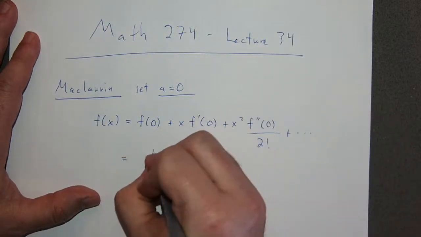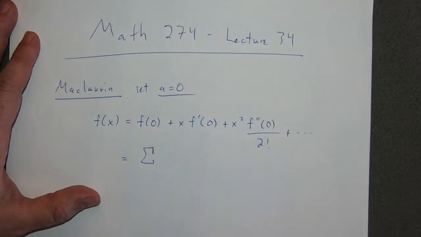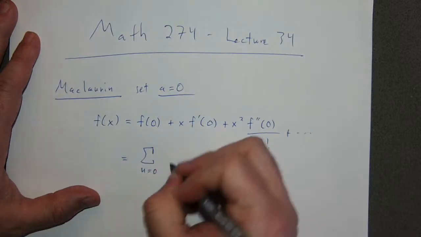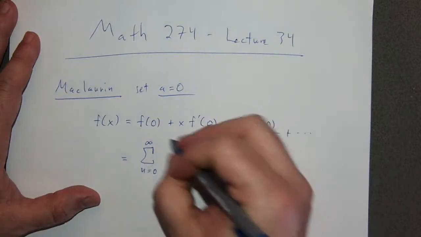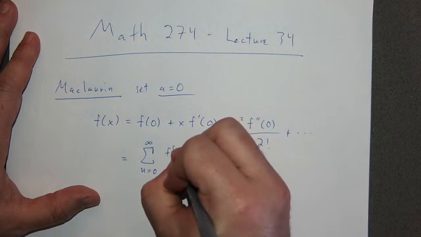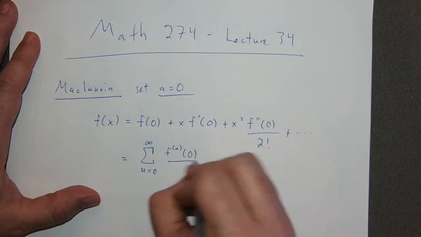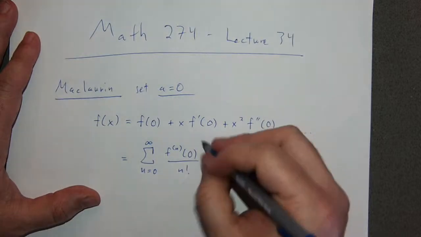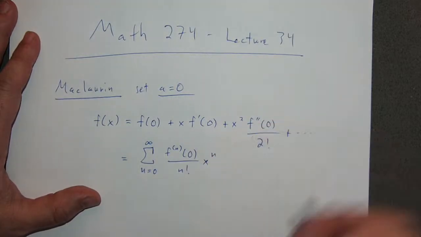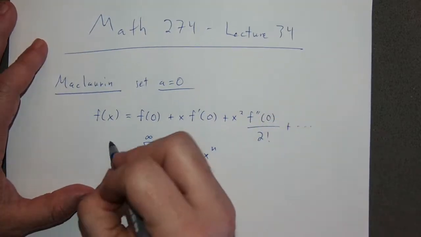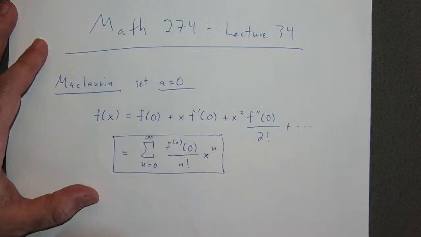Rewriting it using summation notation, this is the sum from n equals 0 to infinity of the nth derivative of f evaluated at 0 over n factorial times x to the n. This is the Maclaurin series.